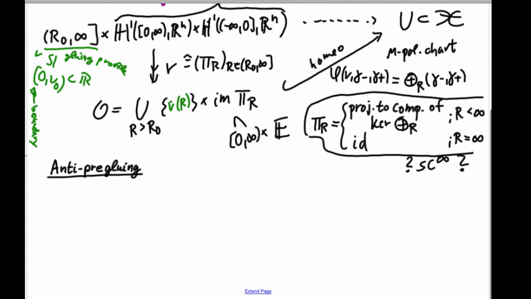And the key is something called anti-gluing or anti-pregluing. So there's a linear algebra idea and a sort of just keeping track of data idea. I'm going to define, not quite yet, but in a bit, a map that's not pregluing but anti-pregluing. The idea is that this should also be linear in gamma minus and gamma plus, and it should keep track of the data that the pregluing forgets.